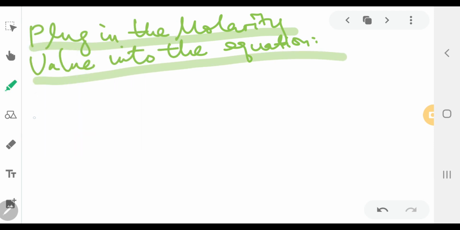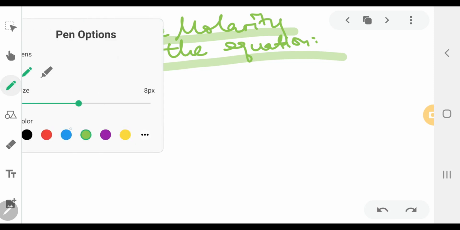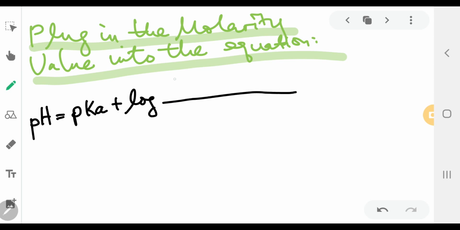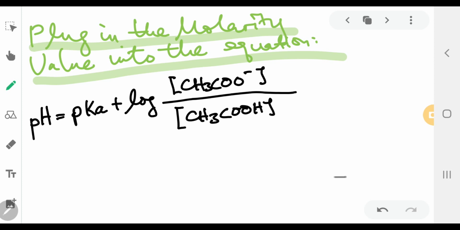The Henderson-Hasselbalch is pH equals to pKa plus log concentration of your conjugate base over concentration of the weak acid.